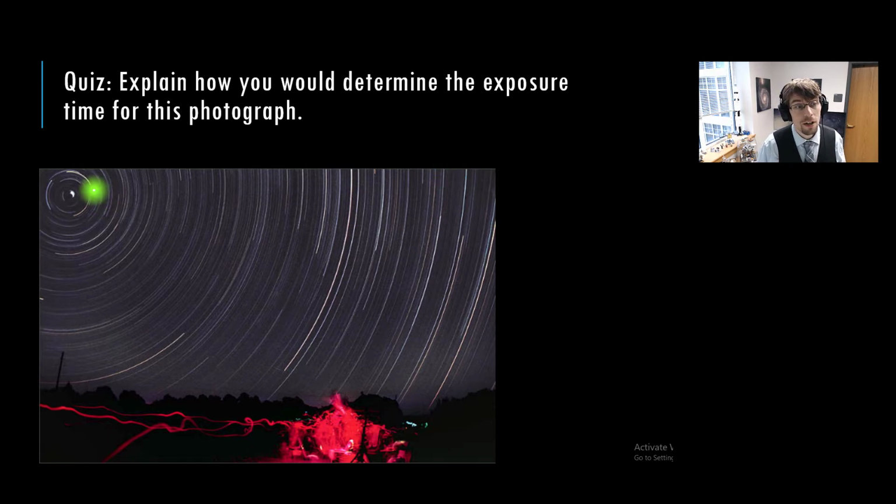If we followed that star for a full 24-hour period, it should complete an entire loop and return to the same position. So we can see that the stars aren't completing a full loop, so we know it's less than 24 hours. Well, what happens if it completed half a loop? Good, 12 hours. Or maybe if it completed 1/4 of a loop, it would be about 6 hours.